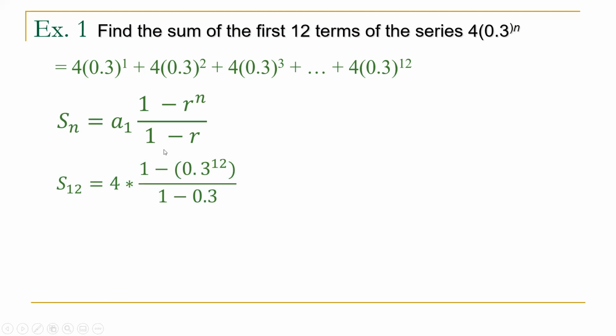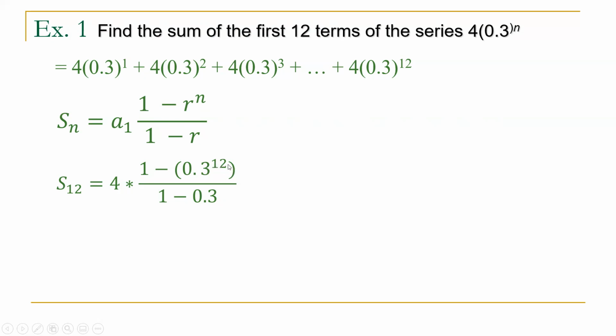Okay, itong 0.3, ito na yung constant value or number na minumultiply natin per term, every term. So ibig sabihin ito na yung magiging common ratio natin. So we have 0.3 for the common ratio raised to 12.